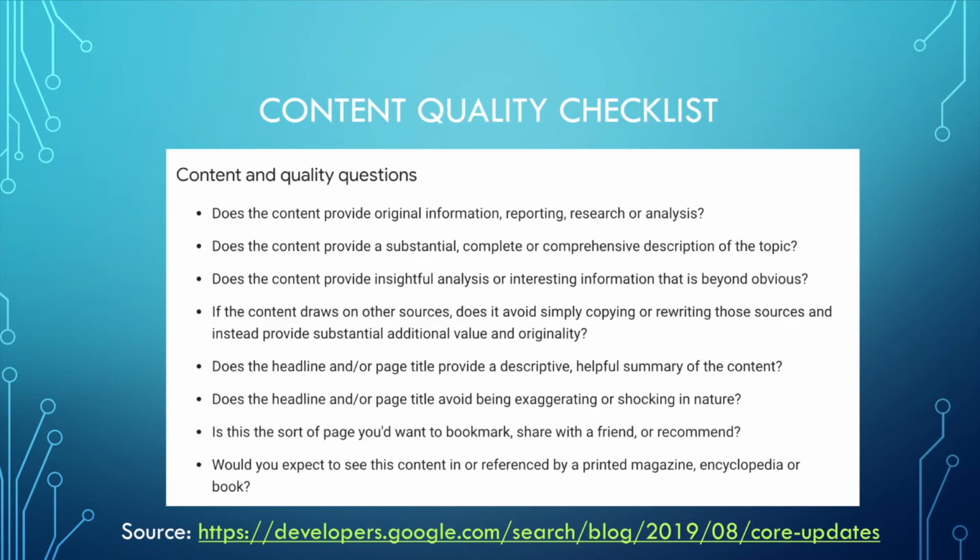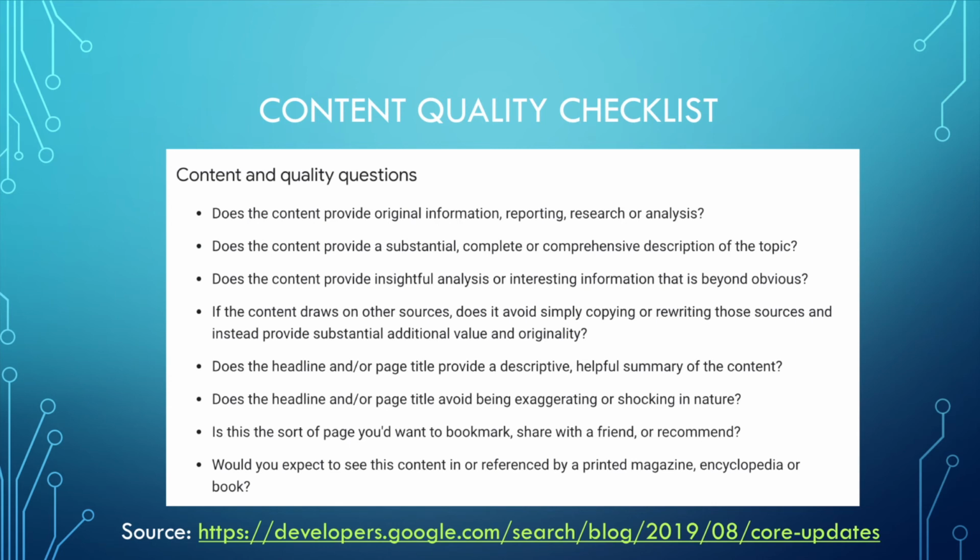Content is particularly highlighted with this core update. So I've created a content quality checklist, which I've taken the screenshot from the developer's Google blog, and you can find it with the link I've included over there, the URL. And essentially, when a new content piece is produced, these are some of the questions you should be asking yourself. If the content provides original information, reporting and research or analysis.